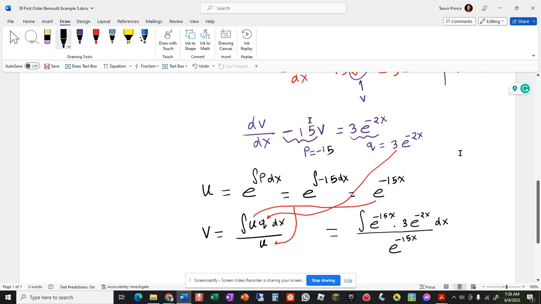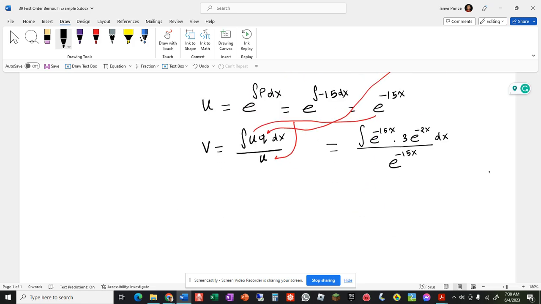So let's finish it up. So v is equal to, now of course when I multiply e to the negative 15x and e to the negative 2x, so that's e to the negative 17x. Remember, you are adding exponents when you are multiplying.